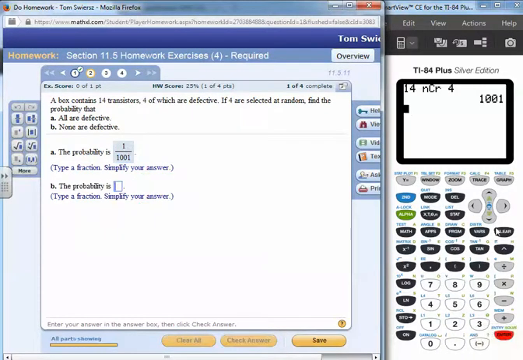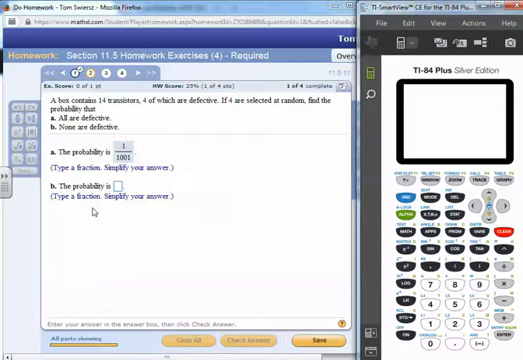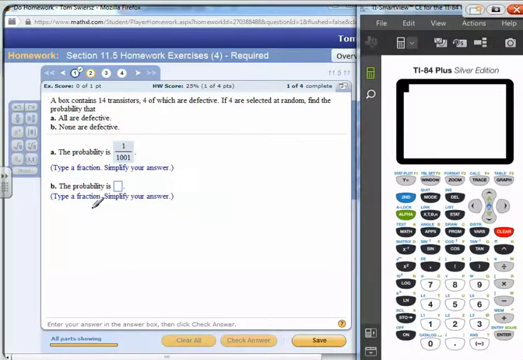All right, very good. Now, what's the probability, B, none are defective. Okay, none are defective is we want to use the ones that are not defective. For my problem, 14 transistors, 4 are defective, so obviously 14 minus 4 is 10 are not defective. So how many ways of getting no defectives?